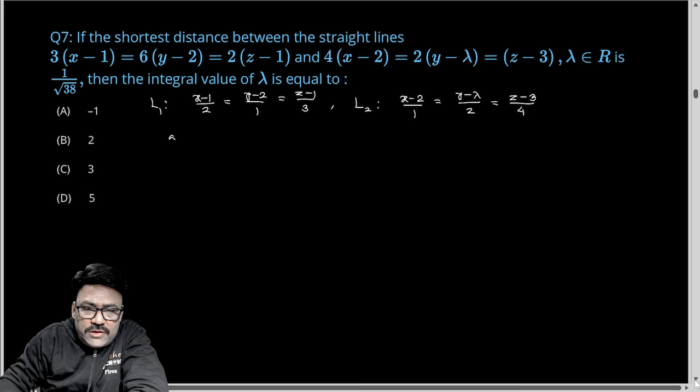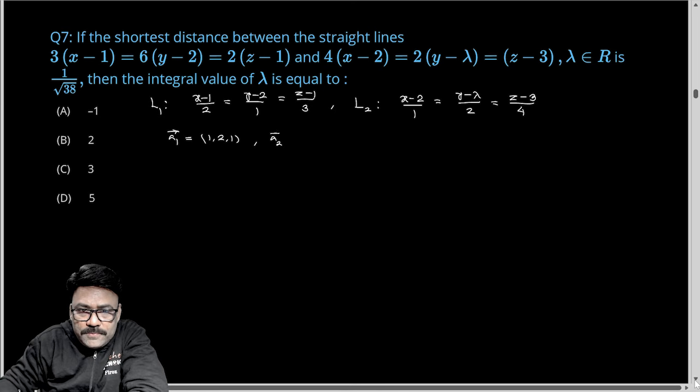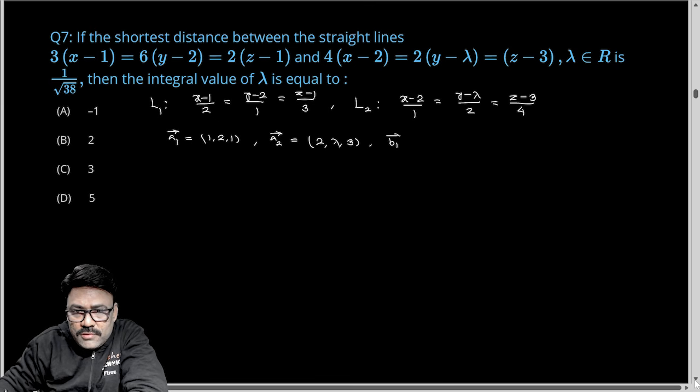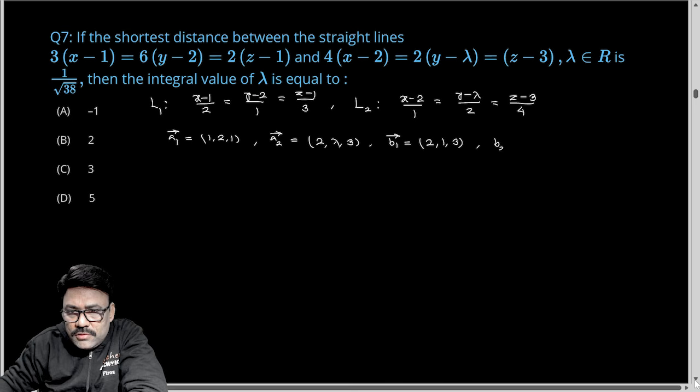Let's say A1 is the point on the first line, which is (1, 2, 1). A2 is the point on the second line, which is (2, lambda, 3). B1 is a vector along the first line, which is (2, 1, 3). B2 is a vector along the second line, which is (1, 2, 4).